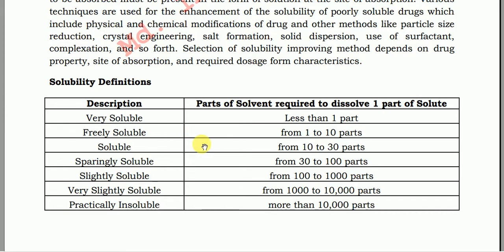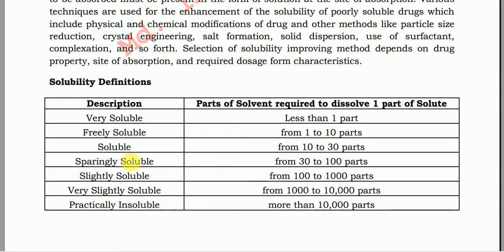For example, if 1 gram of sodium chloride can be dissolved with 10 to 30 gram of water, then we will say that sodium chloride is soluble.